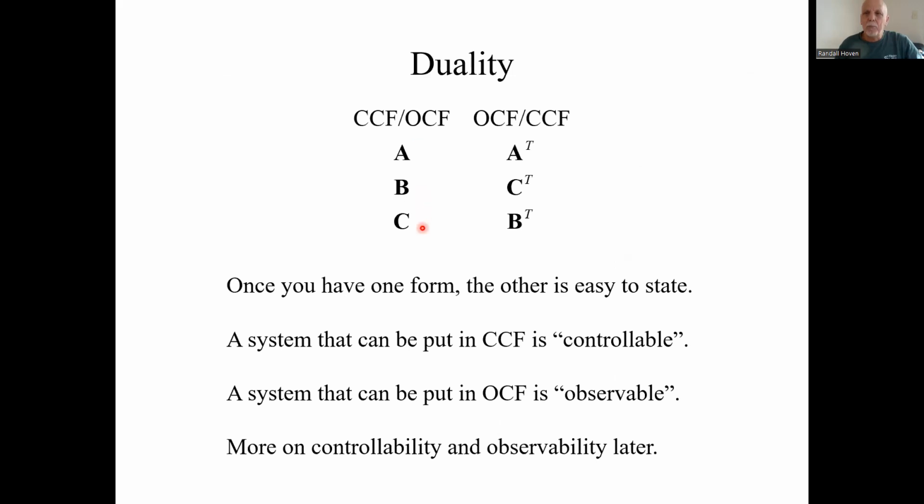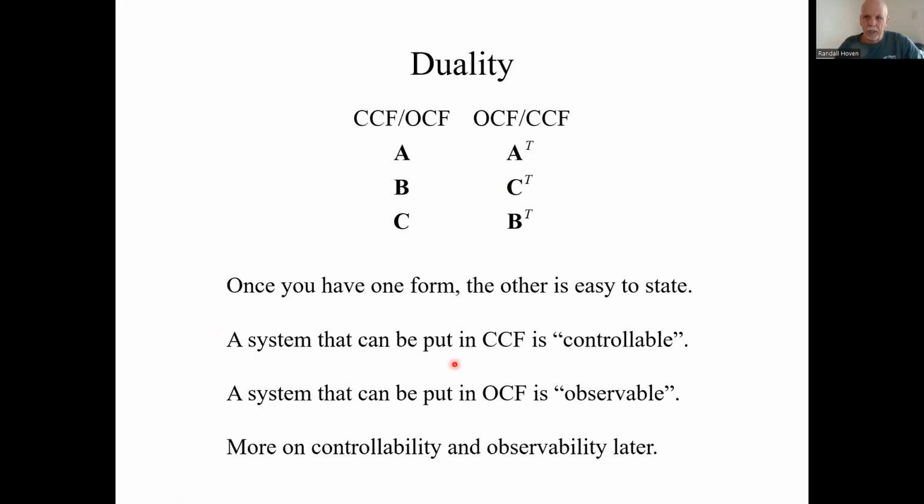So if you had the A, B, and C of one of them, you could get the A, B, and C of the other by these operations. This guy's A would be that guy's transpose of A. This guy's B would be this guy's transpose of C. This guy's C would be this guy's transpose of B. We'll do an example of that in a second. So once you have one, you can get the other format easily.